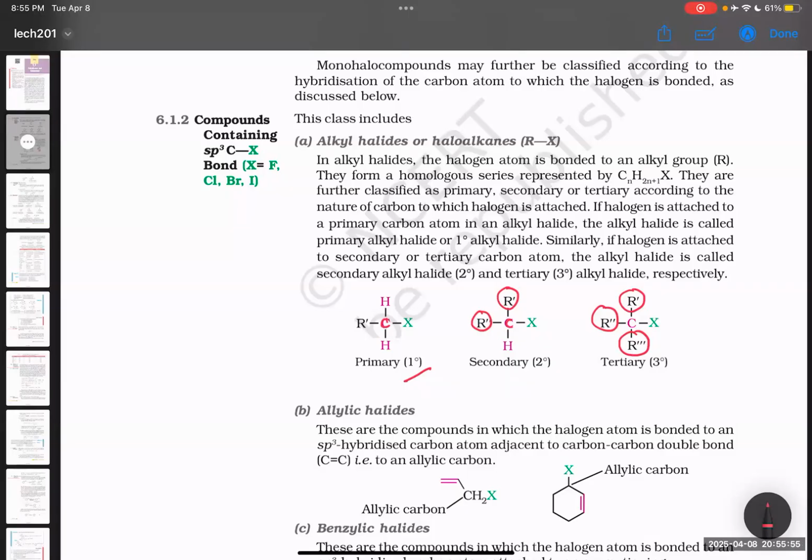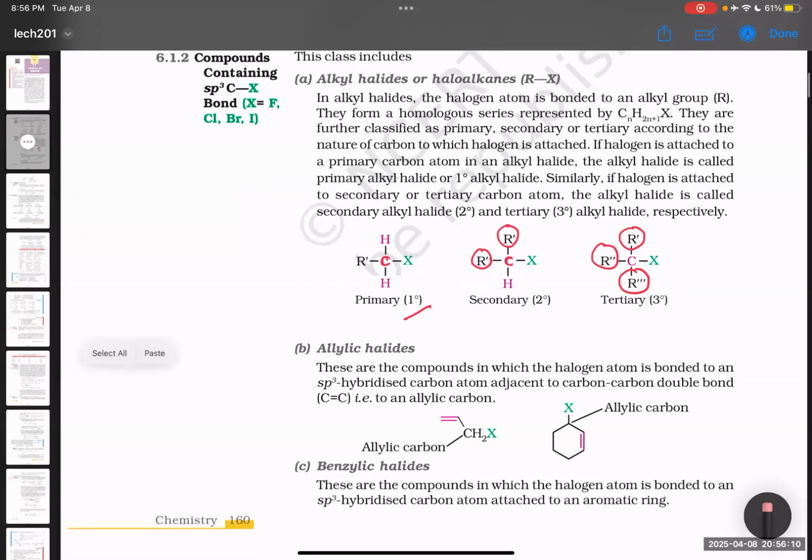Just like in algebra, what we say is let the number be X. In organic chemistry, whether it is methyl, ethyl, propyl, the general way of saying it is let it be R. Got it? Is that clear to everyone? Yes, sir. So secondary means the carbon is connected to 2 alkyl groups.